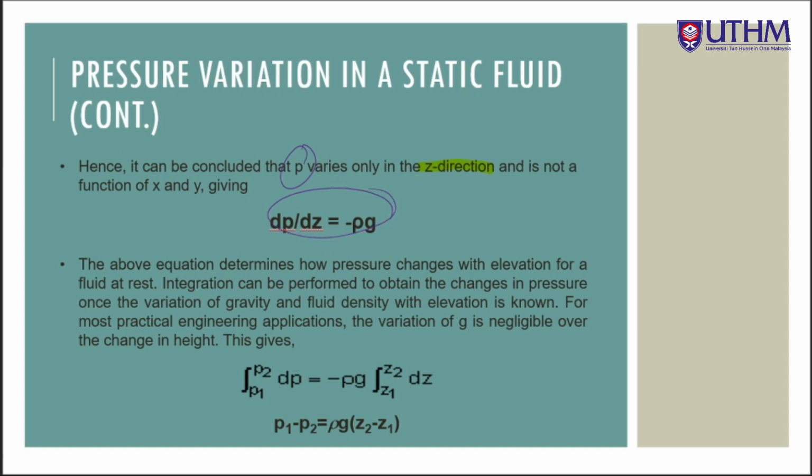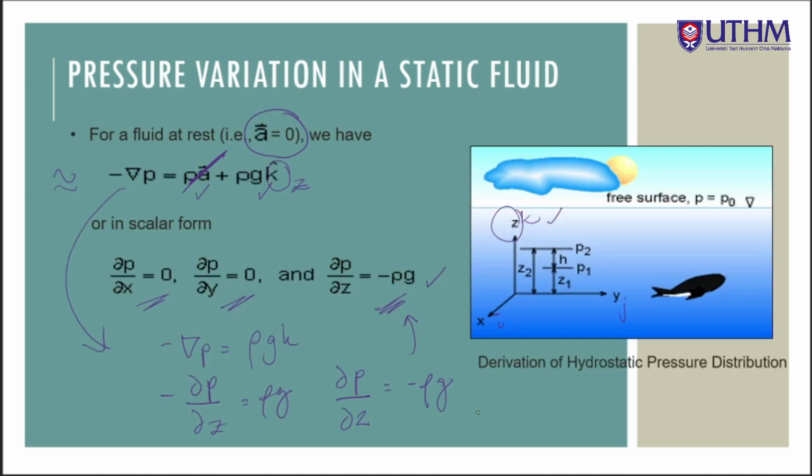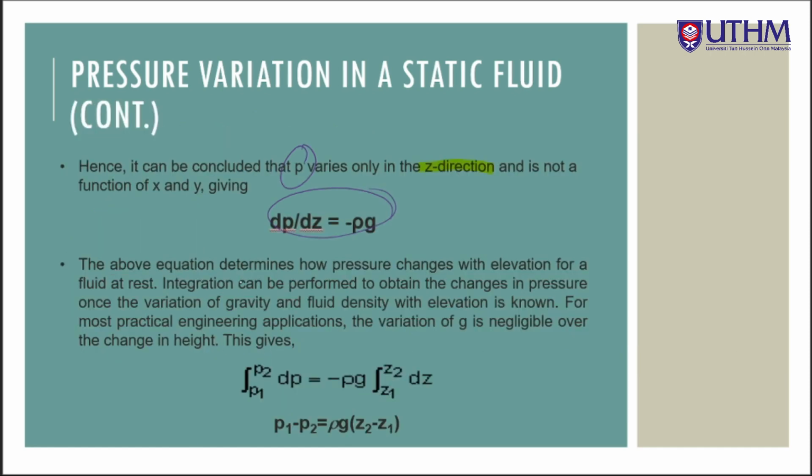So the above equation determines how pressure changes with the elevation for a fluid at rest. Integration can be performed to obtain the changes in pressure once the variation of gravity and fluid density is known.